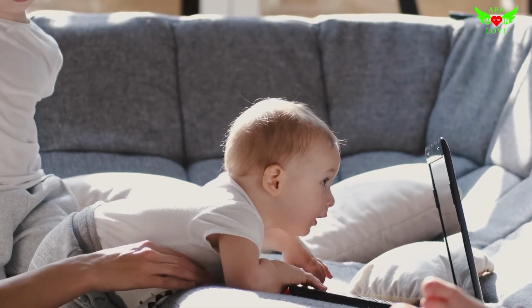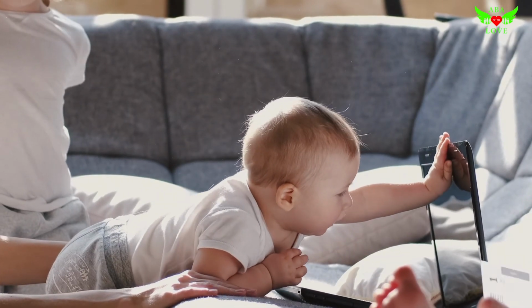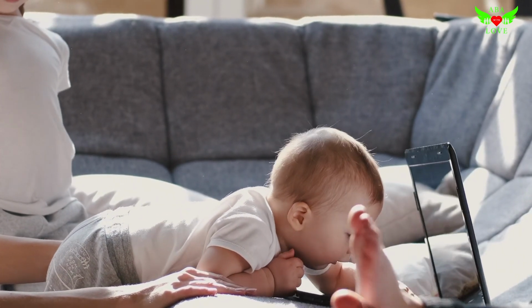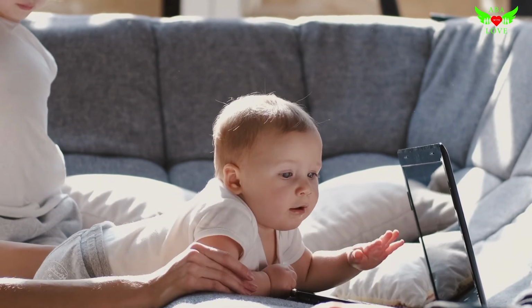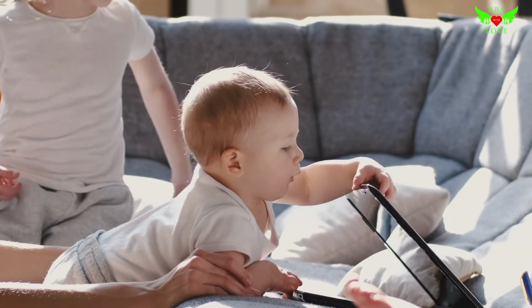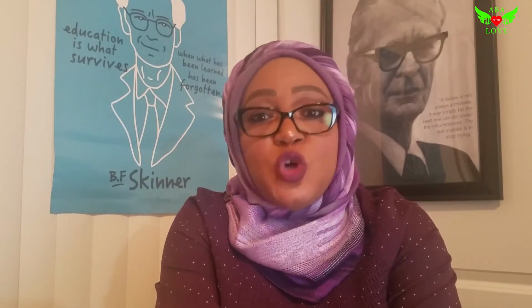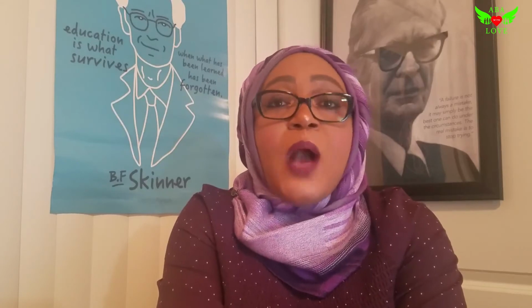If the function maintaining the behavior is denied access, for example, a kid is throwing a tantrum because a toy has been taken away from them, what you would do is not give the toy immediately. Ignore or withhold the toy until they say, can I please have the toy back? Or please, can I have my toy back? Or I want the toy.